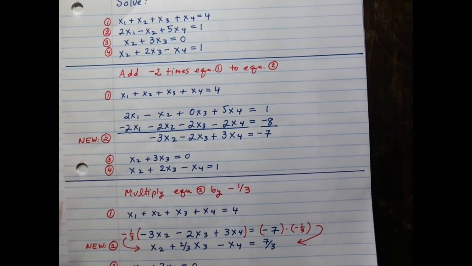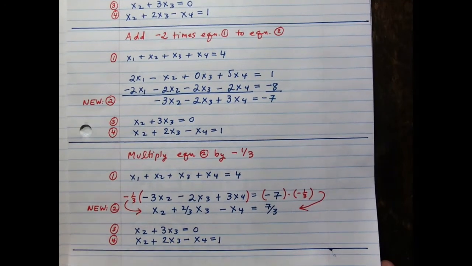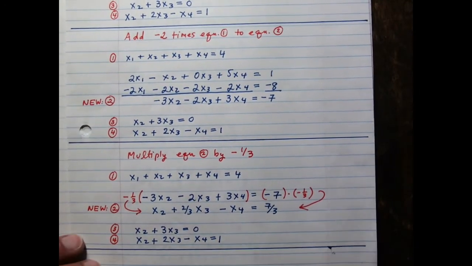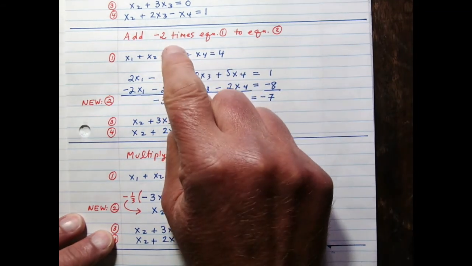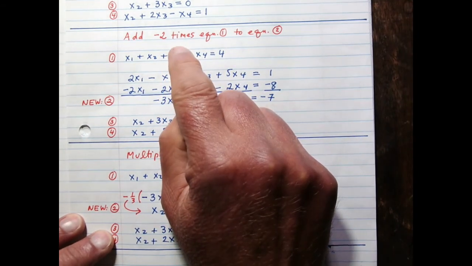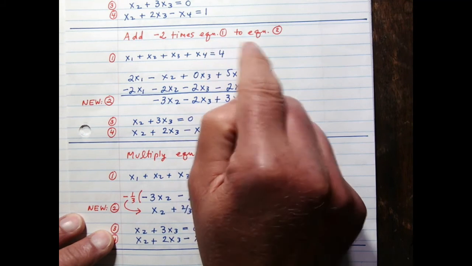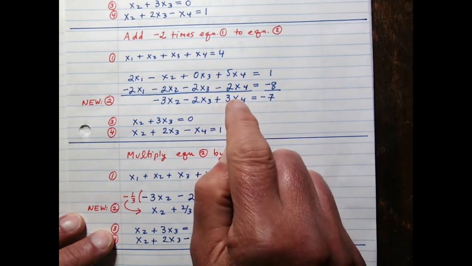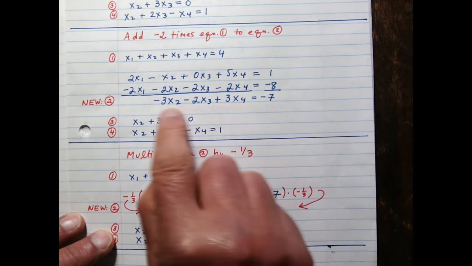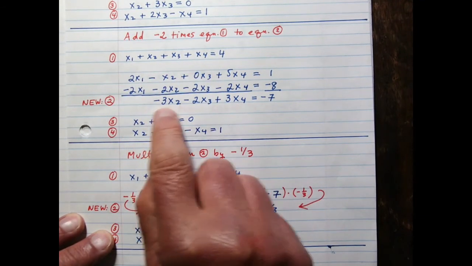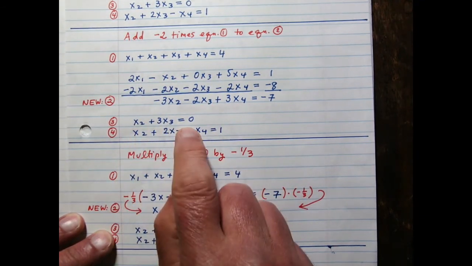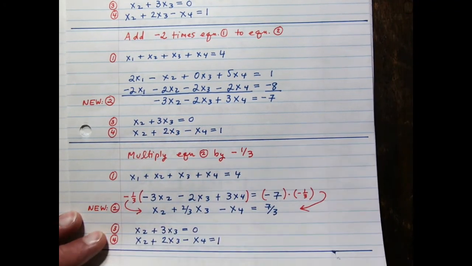Every step we've taken with the matrices can be interpreted as a manipulation of the equations. For instance, the first step we did, we can think of as having taken negative 2 times equation 1 and added it to equation 2 to get a new equation 2. So in the system we have the original equation 1, a new equation 2, and original equations 3 and 4.